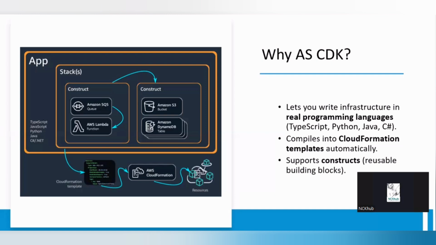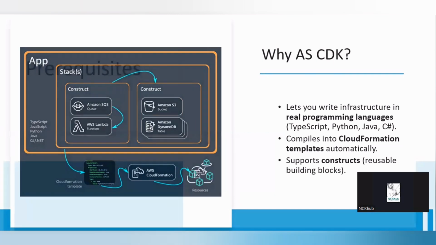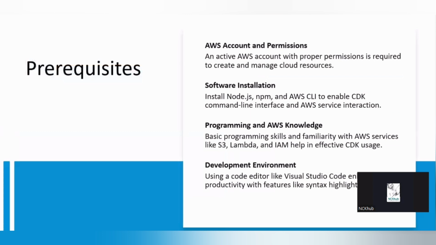There is nothing you have to manage. And CDK supports constructs. Constructs in CDK are called building blocks, which you use as reusable infrastructure services. So what are the prerequisites required?